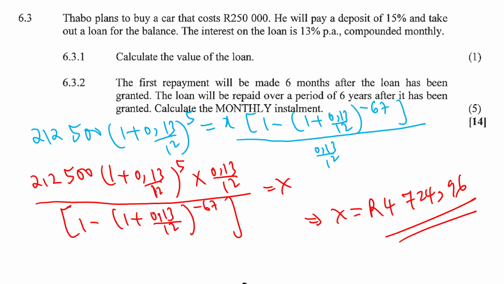So this is the actual value, because we calculate the monthly installment. The monthly installment using a calculator for all these is going to be exactly 4,724 Rand and 96 cents. So you need to think about this. But we proceed to the next question.